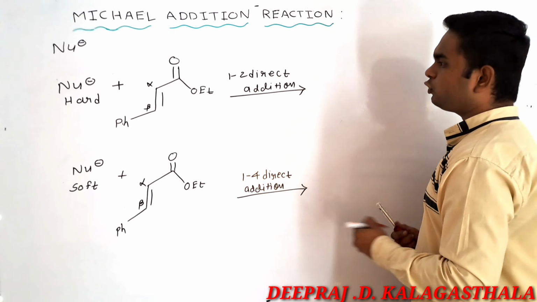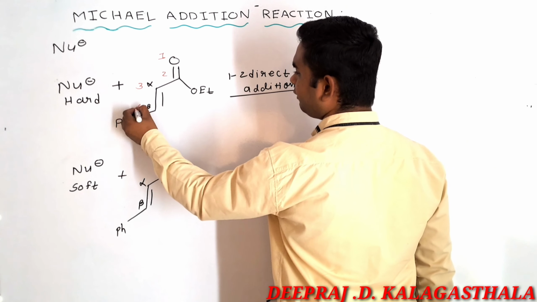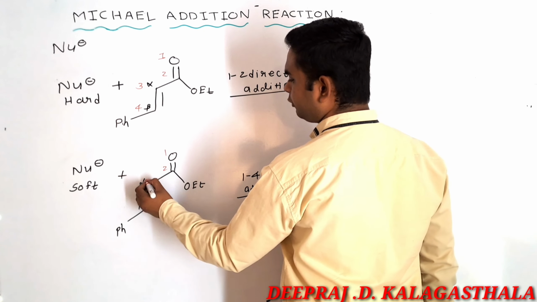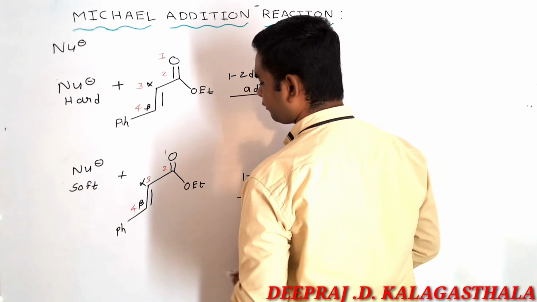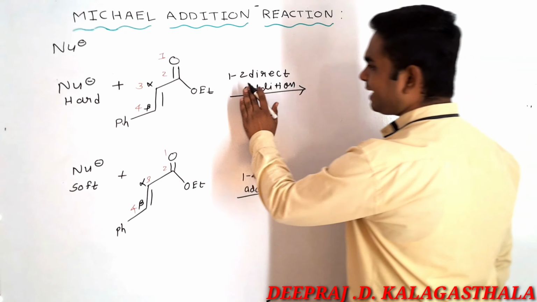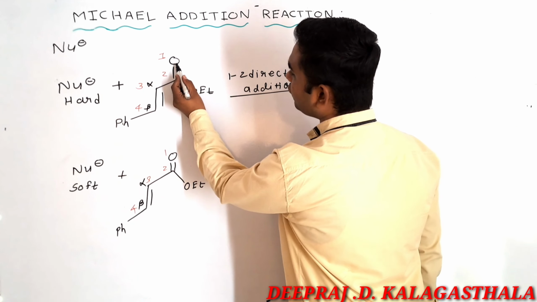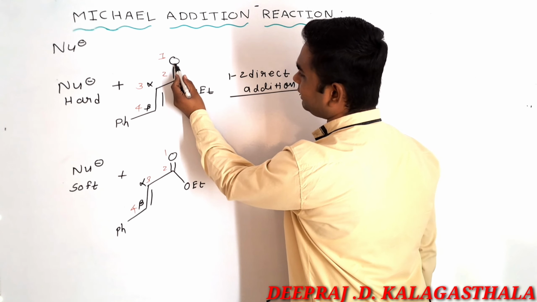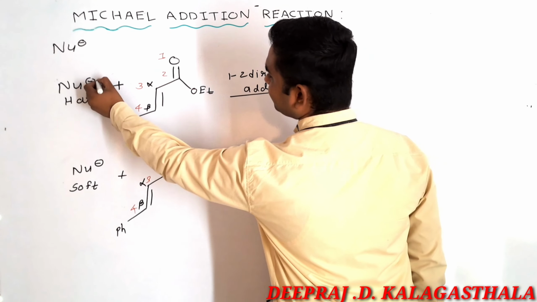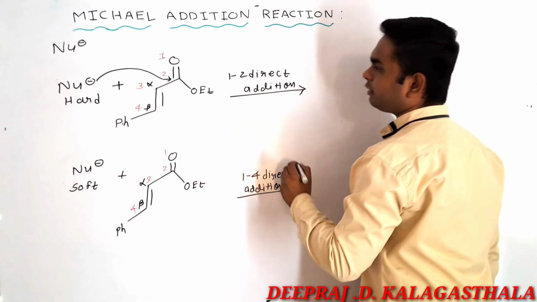Now if we want to give numbers 1, 2, 3 and 4. Okay. Now in this 1,2 direct addition path, this nucleophile is hard and this oxygen is also hard in nature. So this hard nucleophile will attack on the second position.